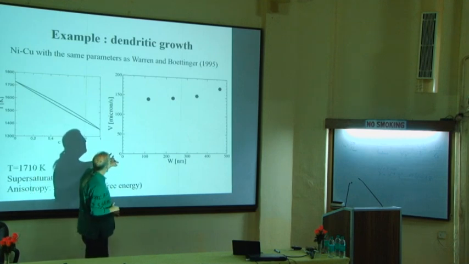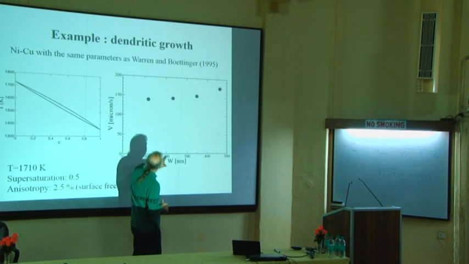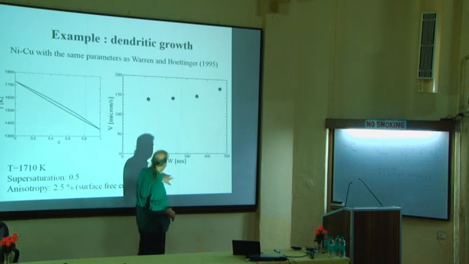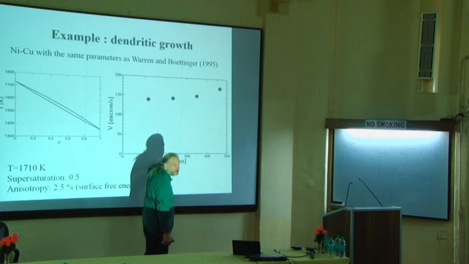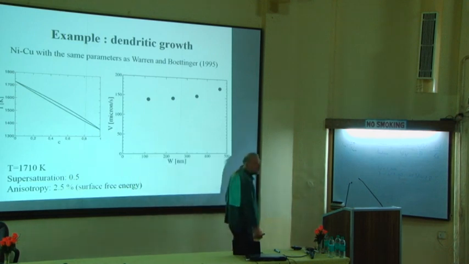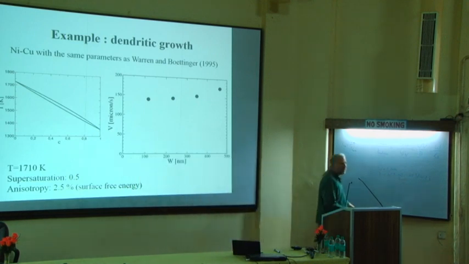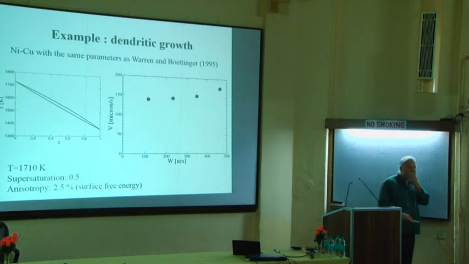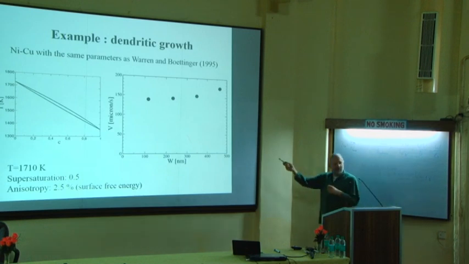And if I have an interface width of 200 nanometers, that is 200 times larger than the real value, I'm still at 150, so just a few percent off. But I have gained 200 to the power 5 in calculation speed in a three-dimensional simulation. Now this simulation is two-dimensional.